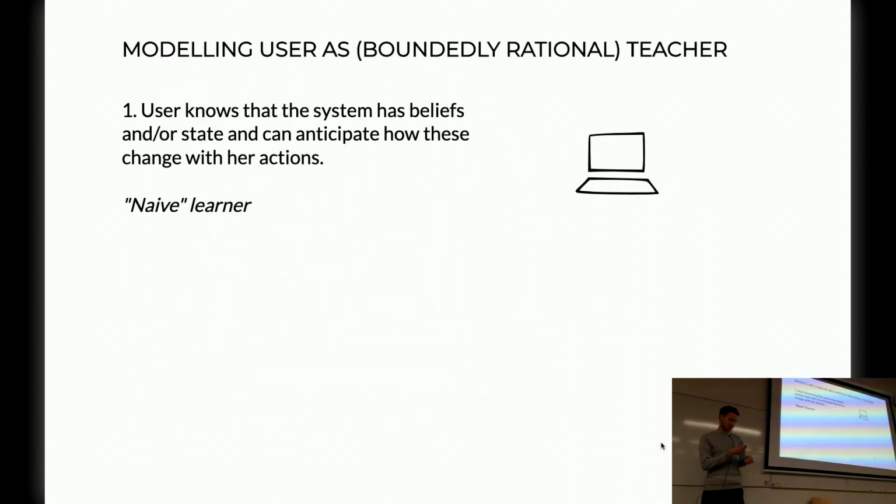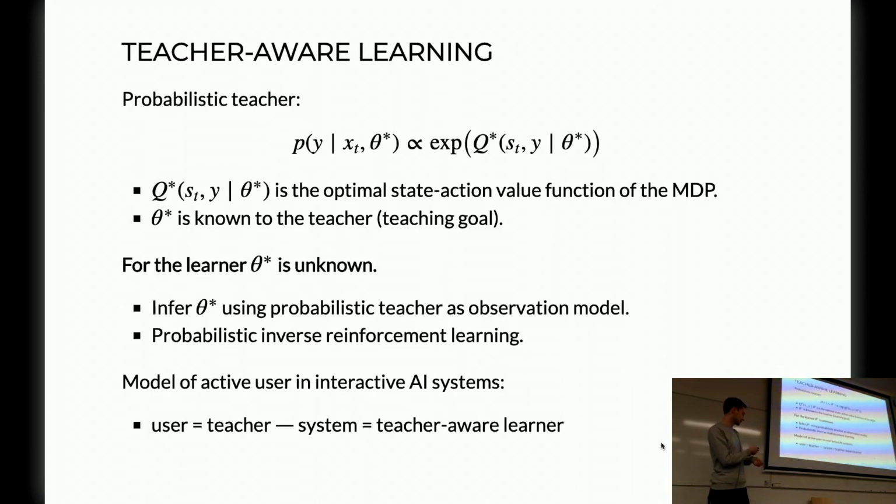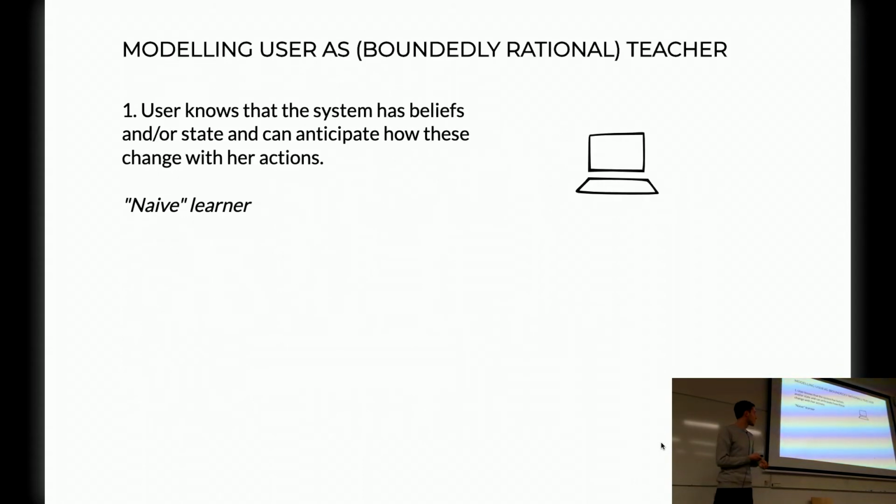Right, so going forward, what does it actually mean that we are modeling the active user in interactive AI systems? We assume that the user has a mental model of the system. So the user has some beliefs about the state or can anticipate how the system will adapt based on the user's answers.